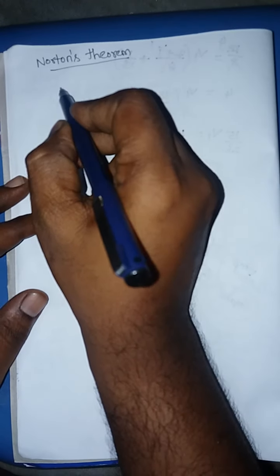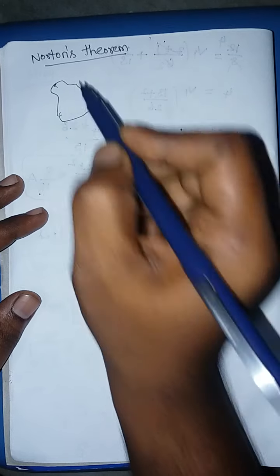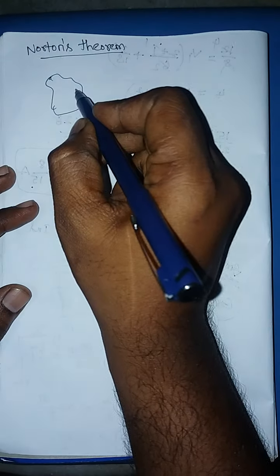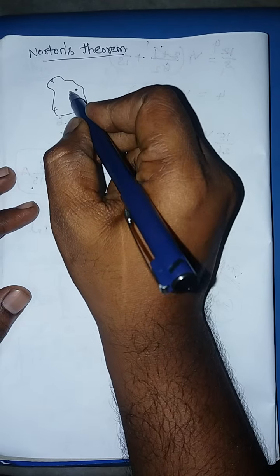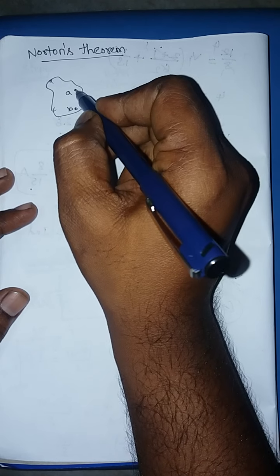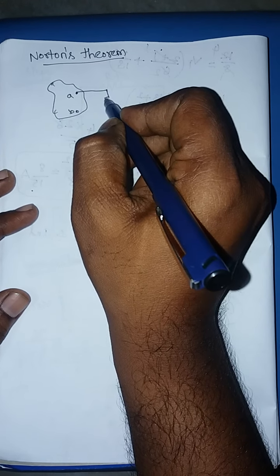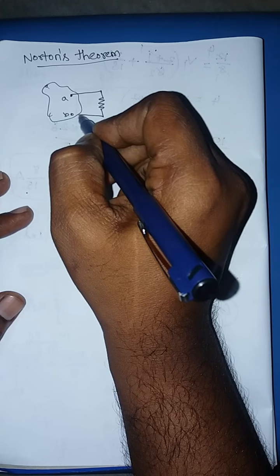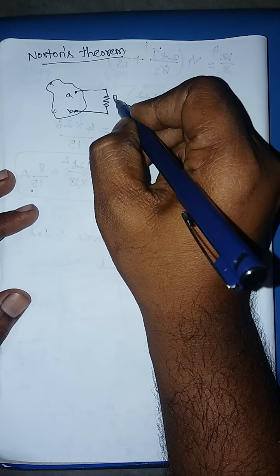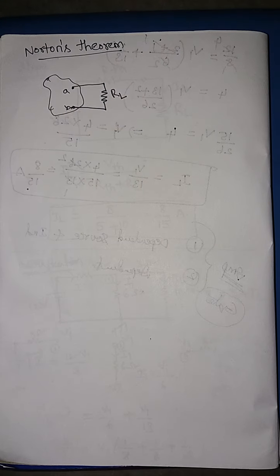For example, this is one network. In this network, the terminals A and B are there. At the A and B terminals, you have one resistor named RL.